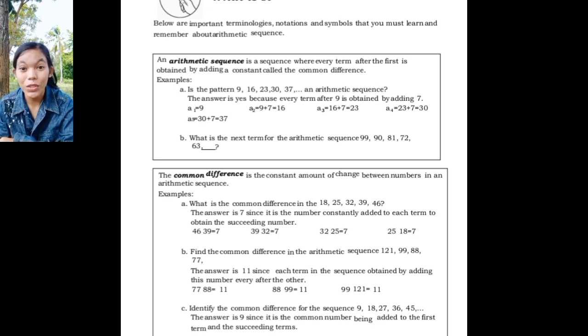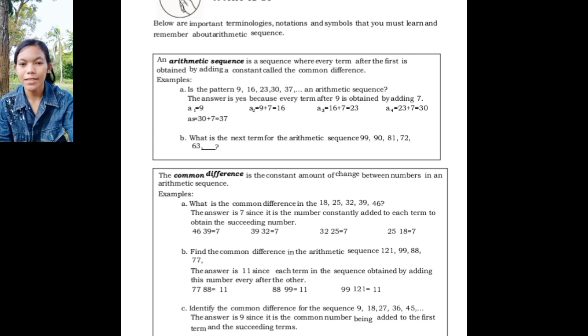What do you think? So, I will give the answer. It is an arithmetic sequence. And remember, I said adding. So for example, 9 and 16. What do we add to 9 to get 16?